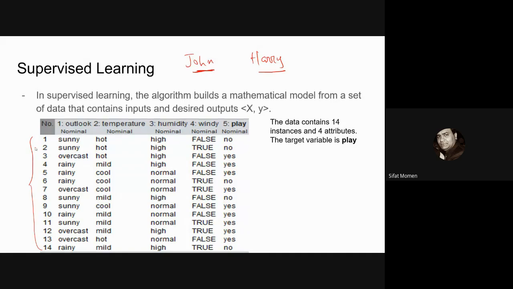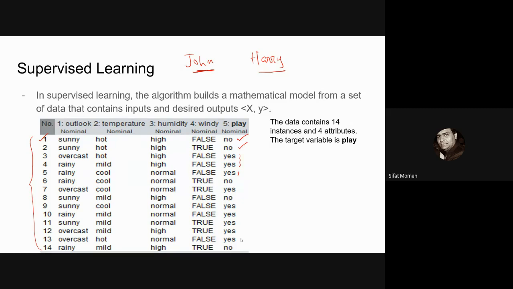For example, on the first day, the day when Harry started observing John, John did not play golf outside. On the second day as well, John did not play golf outside. On the third and fourth day, John played golf outside. Fifth day as well, he played golf outside, and so on. Clear? Is that okay?